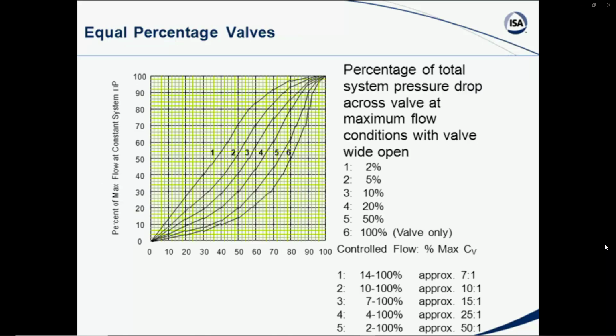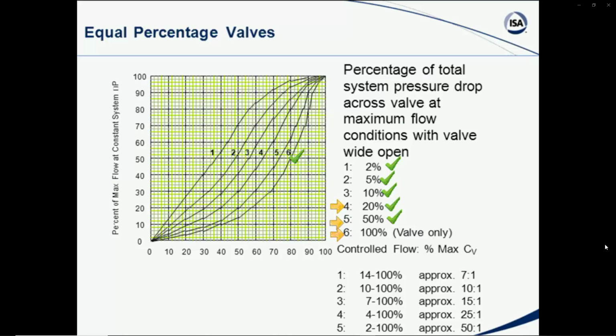Installed characteristics are affected by the valve style, type, and also what is the percentage of the system pressure drop that you will be able to have across the valve. You need to have a valve in the 20 to 50% of the system pressure drop, because what happens when you actually plot the valve plot out, you see these curves where curve 6 in this particular case would be the actual inherent or laboratory type conditions.